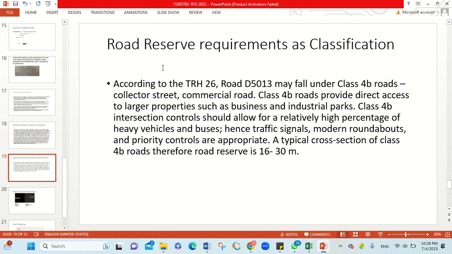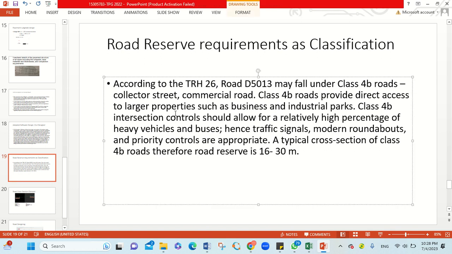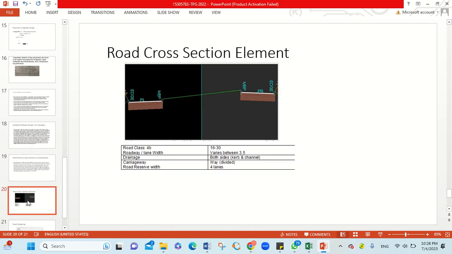The road reserve requirement and classification. According to TRH 26, the road may fall under Class 4B, collector, commercial. Class 4B roads provide direct access to large properties such as business and industrial parks.